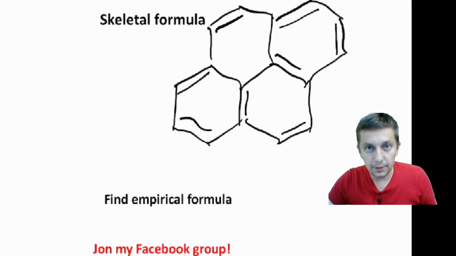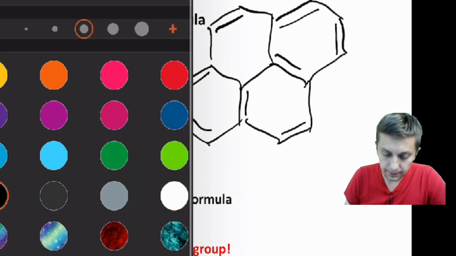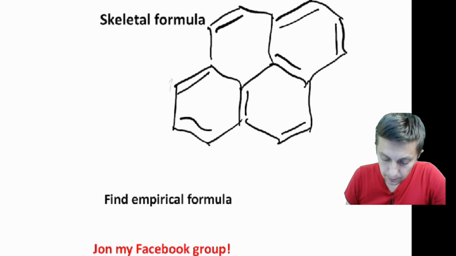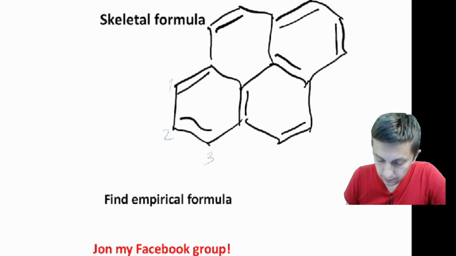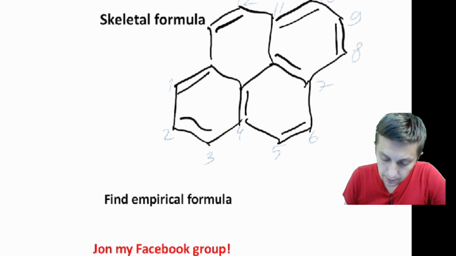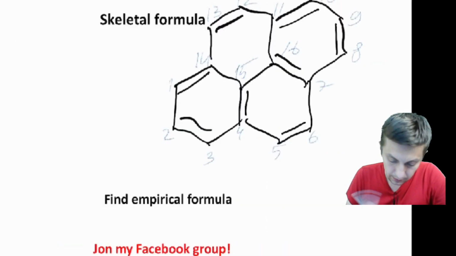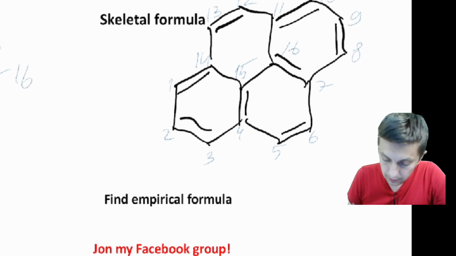Okay, and a couple more questions. So, carbons. 1, 2, 3, 4, 5, 6, 7, 8, 9, 10, 11, 12, 30, 40, 50, 60. It's relatively easy. It's C60.